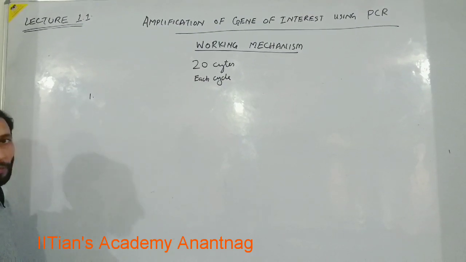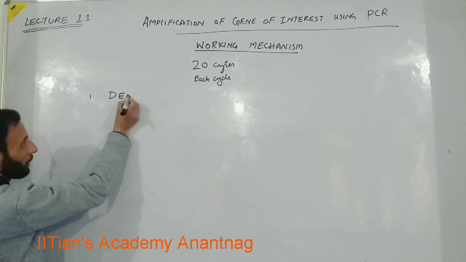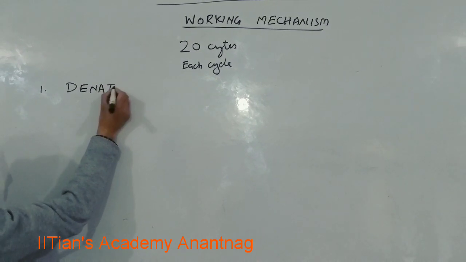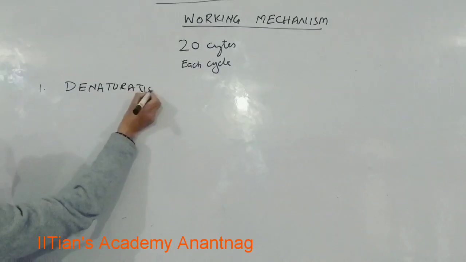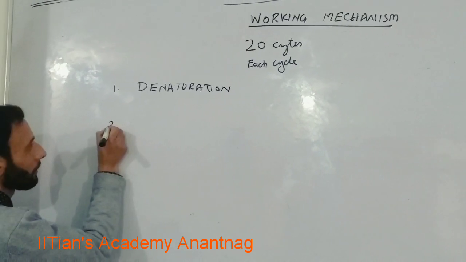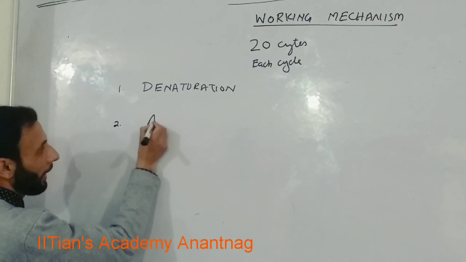The first step of each cycle is denaturation. The second step of the PCR technique is annealing.